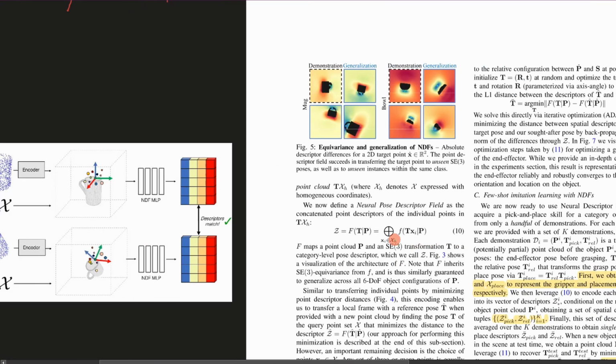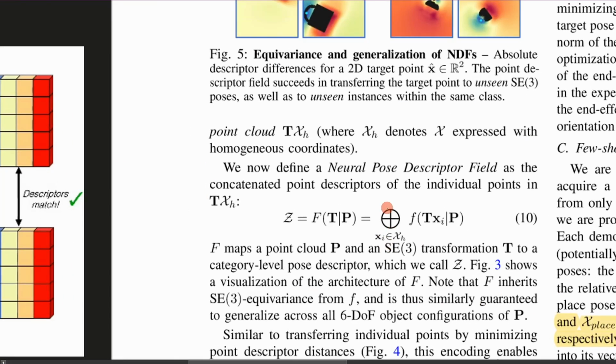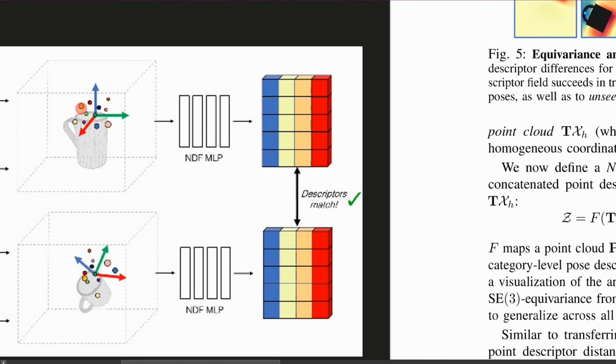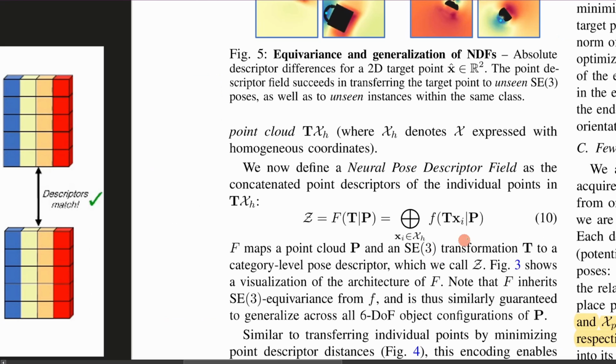You just concatenate. So you take all of the points here. This is again the concatenation symbol. You take all of the points from this query point cloud, those are these points with various colors, as you can see here, and you concatenate their descriptions, and that's how you get the final description for the pose.